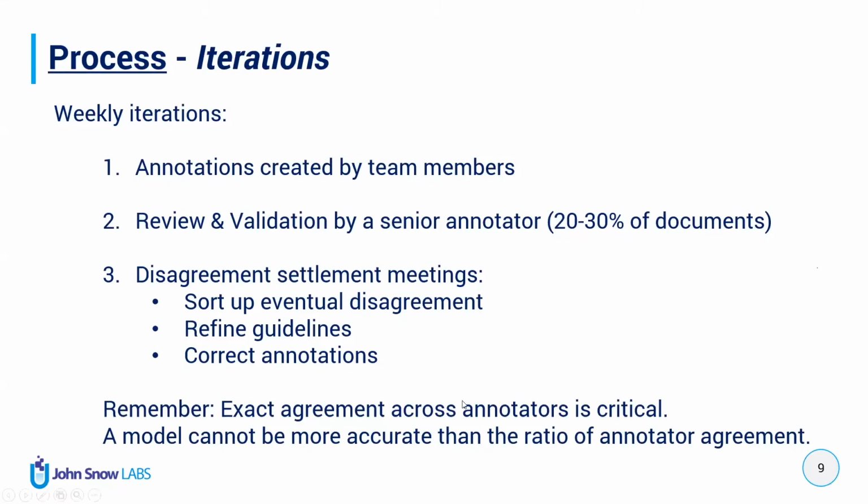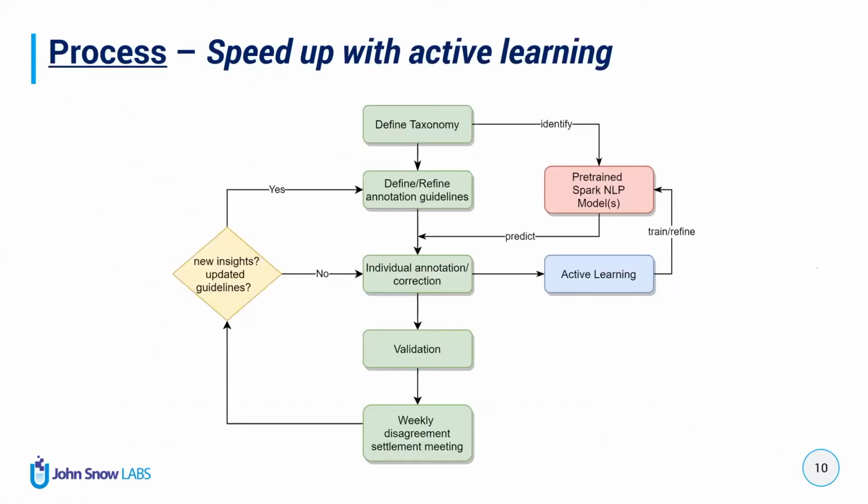Okay, so it's very important to keep consistent, because the model that will be built based on those annotations cannot be more accurate than the annotator agreement. So this is a highly important element.